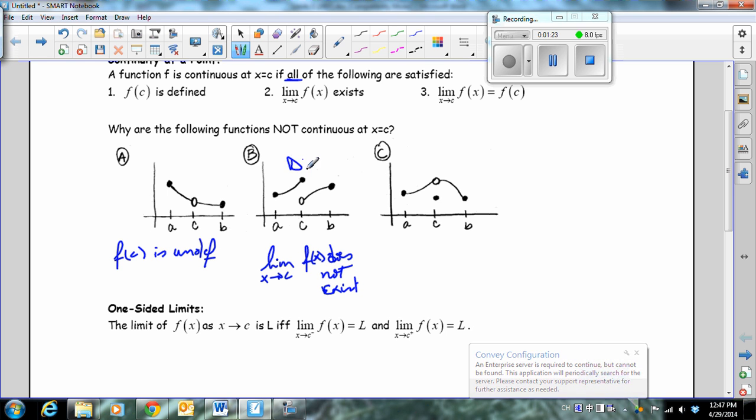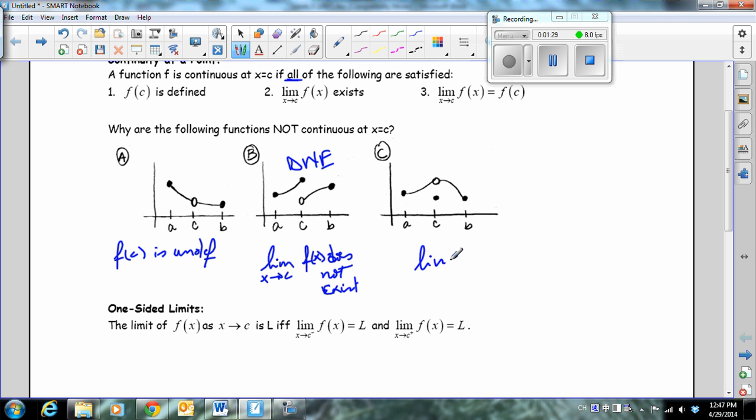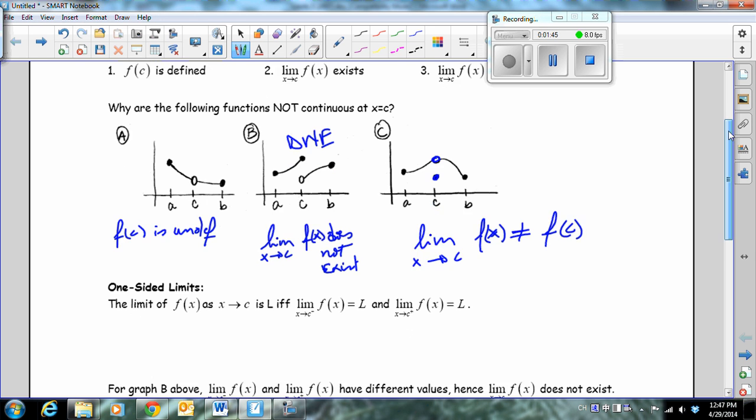We usually put DNE. For the last one, I can say that the limit as x approaches c of f of x, this time it does exist, but it's not equal to f of c, because f of c is here, and the limit is at this little open dot.